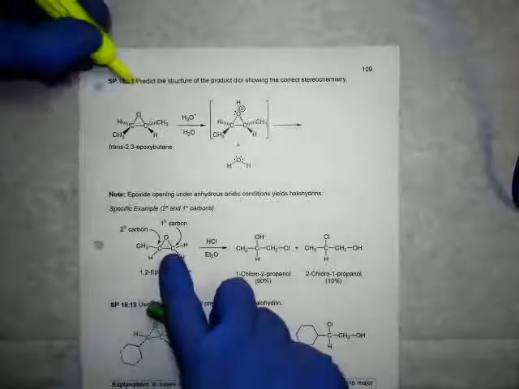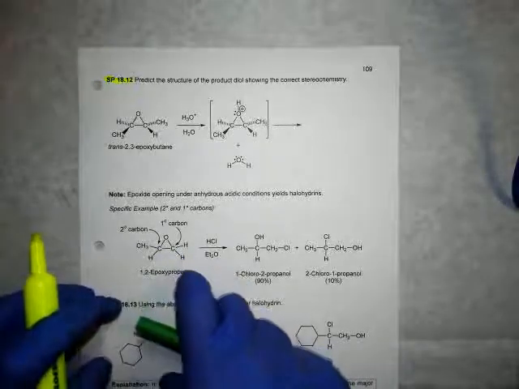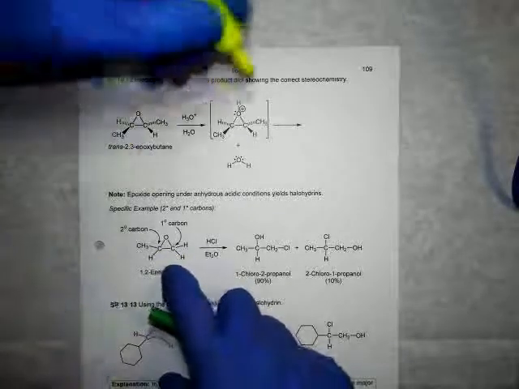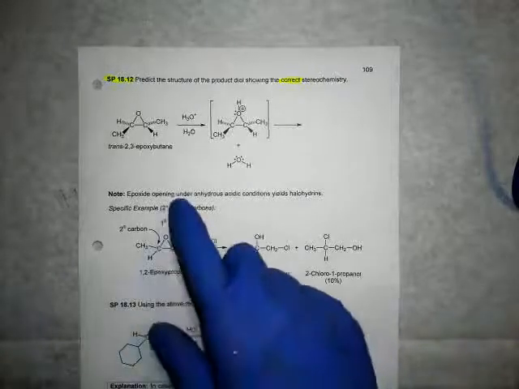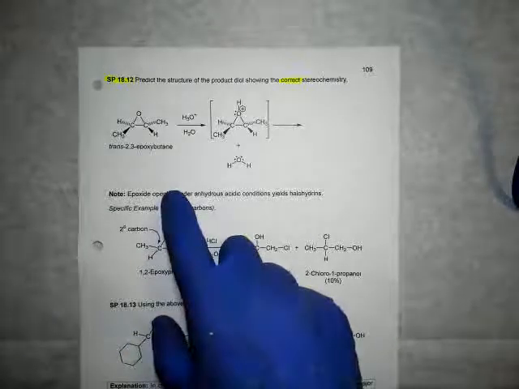Alright, so let's read the directions first. It says, predict the structure of the product diol showing the correct stereochemistry. Now the correct stereochemistry, if you're concerned about that, don't be. What you need to understand is simply how to follow the rules. So let's give this a shot. I think we can do it.